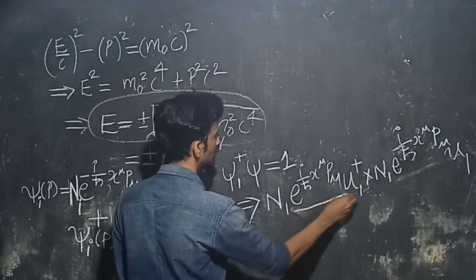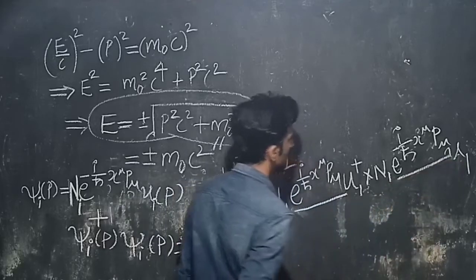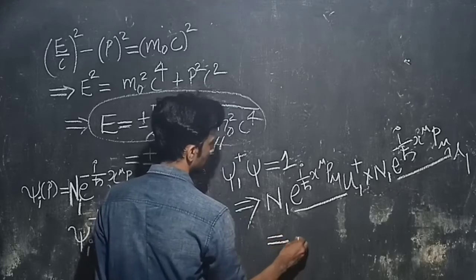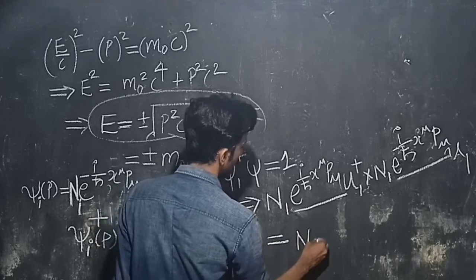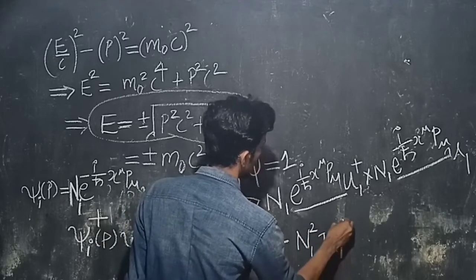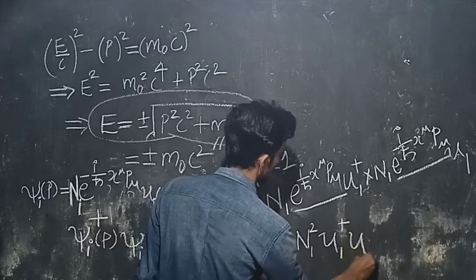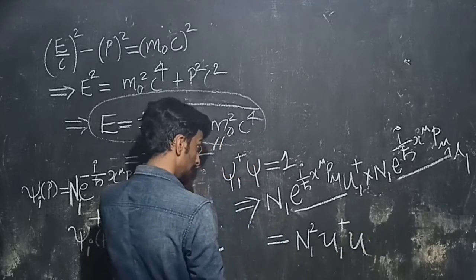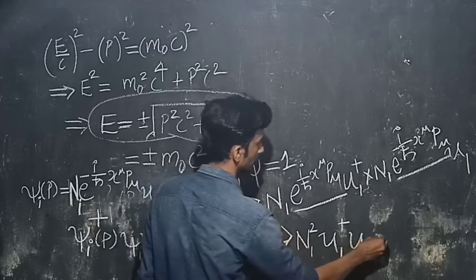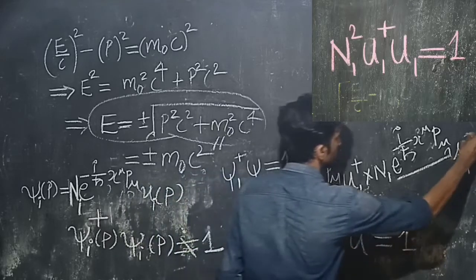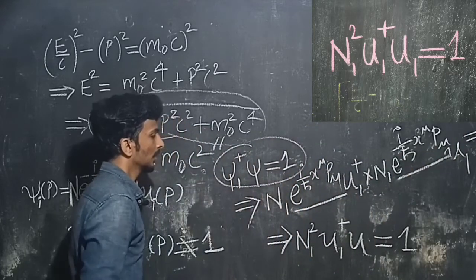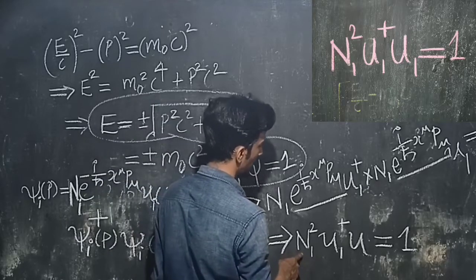So you can simply see that these two exponential parts cancel to 1. So this is actually equal to N1 square times u1 dagger u1, and the condition tells this should be equal to 1. From this equation we can simply find the value of N1.